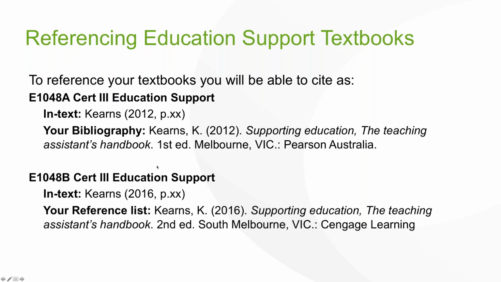If you're in education support, depending on which version you're in, if you're in E1048A, Cert 3, you might have the Kearns 2012 book. If you're in the B version, you might have the Kearns 2016 book. So here are your references. So you can directly cut and paste this information into your assessment or refer to this slide with your assessment.